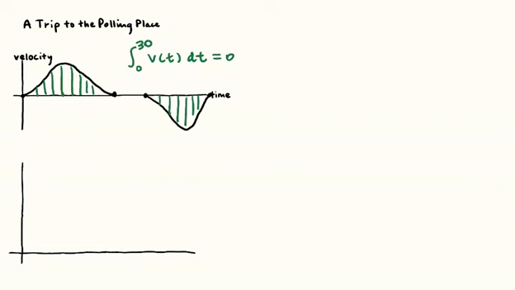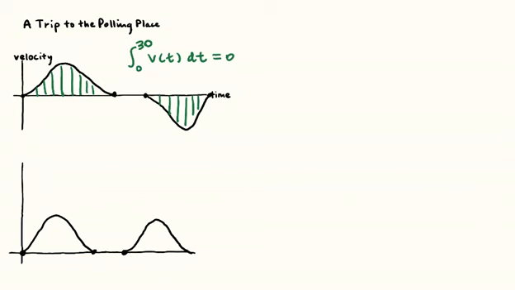So let me draw a picture of the velocity versus time from the car's perspective. Okay, so I get there, stick around for a while doing my voting thing, and picking back up with a little more of the same. Okay, so it's considering everything to be positive.